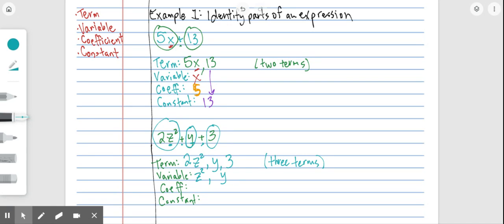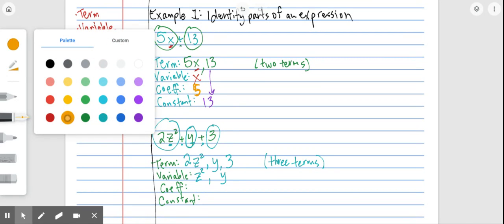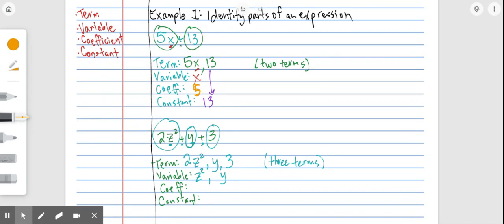All right, coefficients. Coefficients are the numbers that stood with those variables. Now this one's a little harder to see. So on that first one, 2z squared, 2 is clearly a coefficient to z squared. So 2 goes here. But on y, there's not a clear coefficient for y.